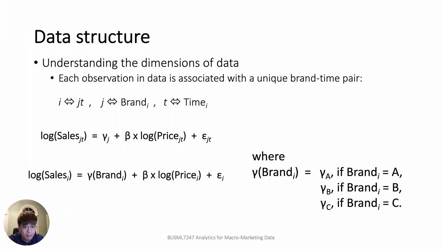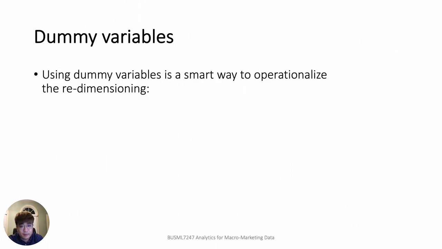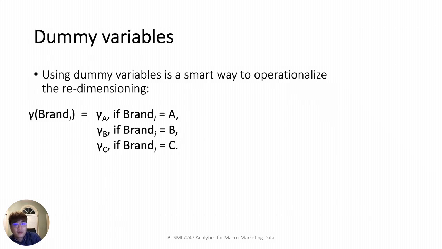Now, this gamma is a function of the brand variable. That is, the value of gamma depends on the brand variable. Using dummy variables is a smart way to operationalize this redimensioning. The key of the redimensioning is how to operationalize this gamma function that depends on the brand variable.